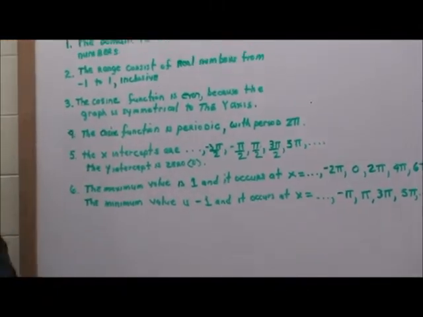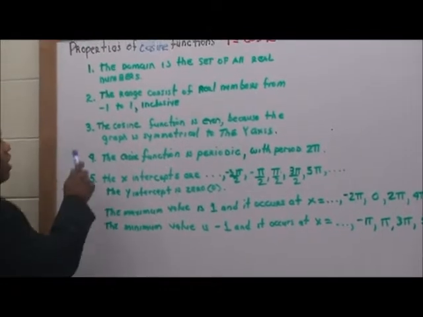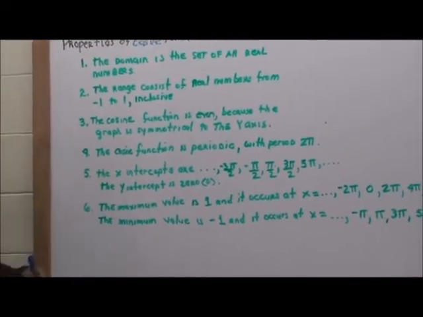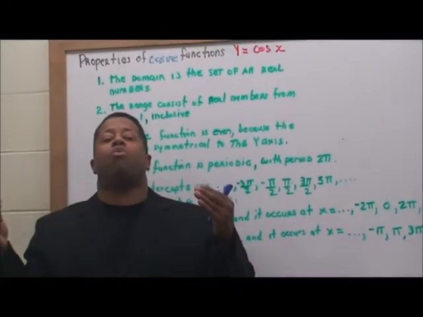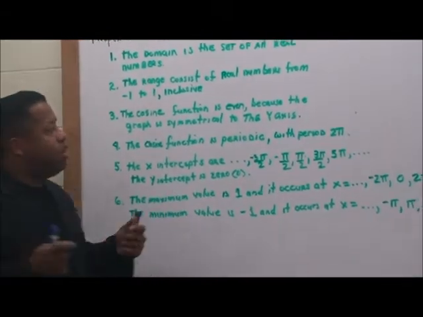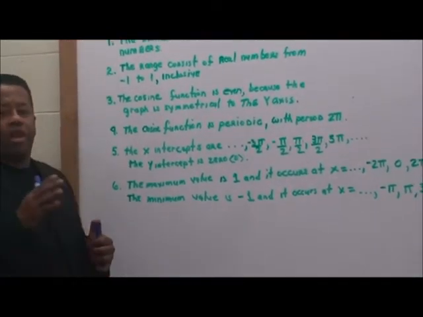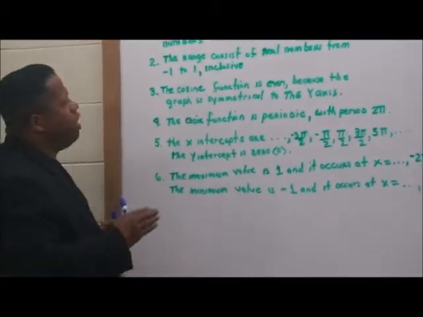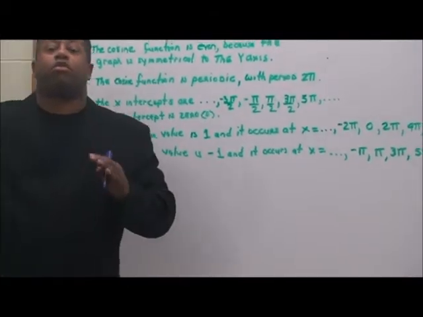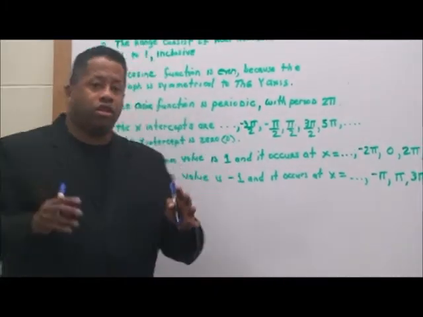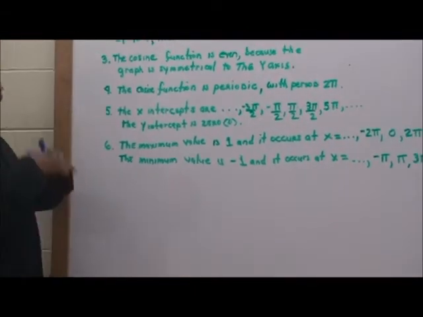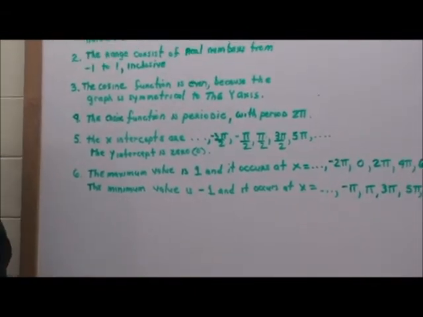However, if you missed those videos, the cosine function is an even function because the graph is symmetrical with respect to the y-axis. As you remember from college algebra or algebra 2, odd functions are symmetrical with respect to the origin, while even functions are symmetrical with respect to the y-axis.